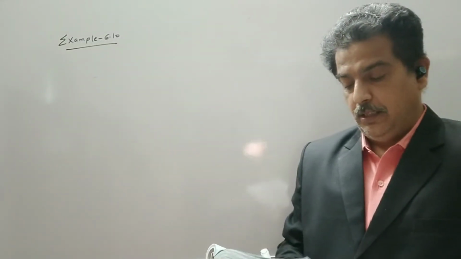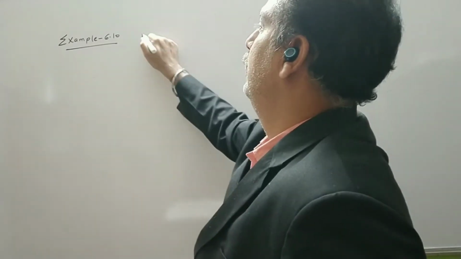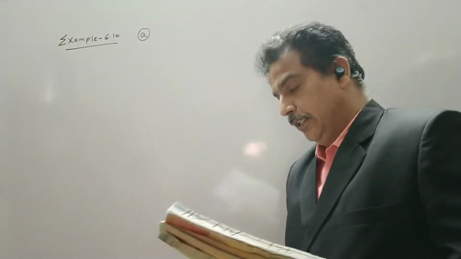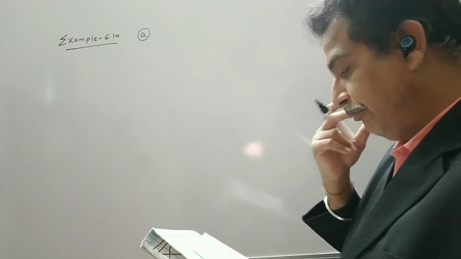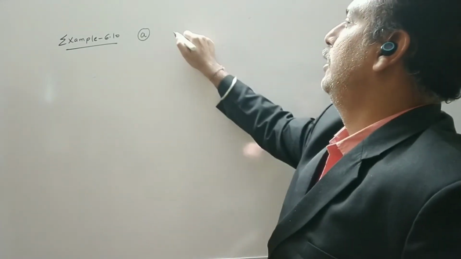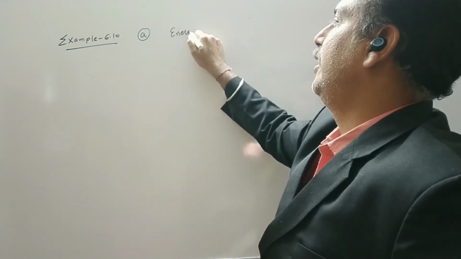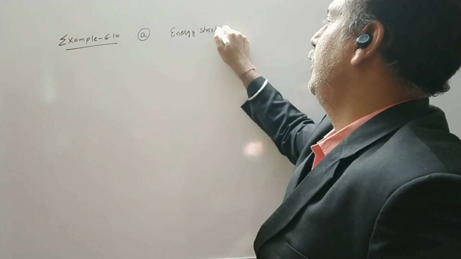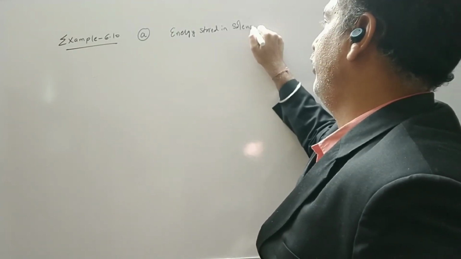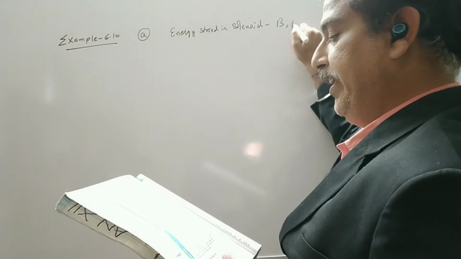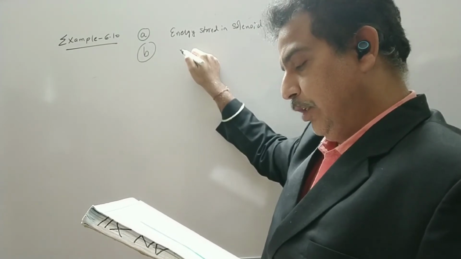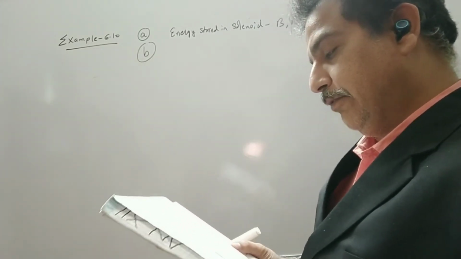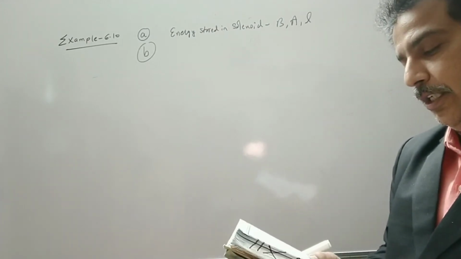Now let us see example number 10. We have two parts. Obtain the expression for the magnetic energy stored in a solenoid in terms of B, A and length of the solenoid. So we have to find out energy stored in the solenoid, that is the first part, in terms of B, A and L. And the second part is, how does this magnetic energy compare with the electrostatic energy stored in a capacitor?